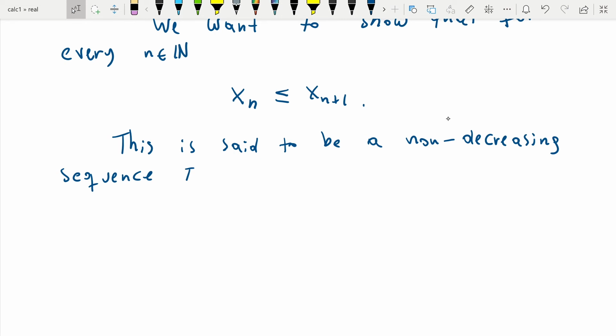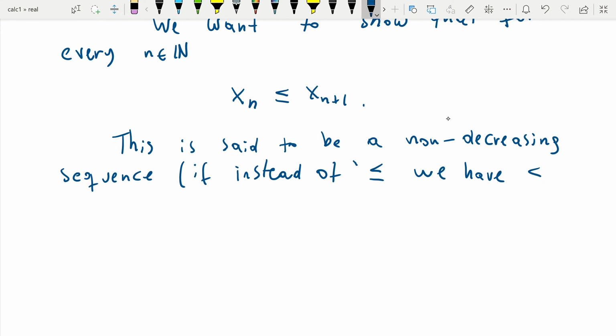If the inequality was strict, then the sequence is called increasing.